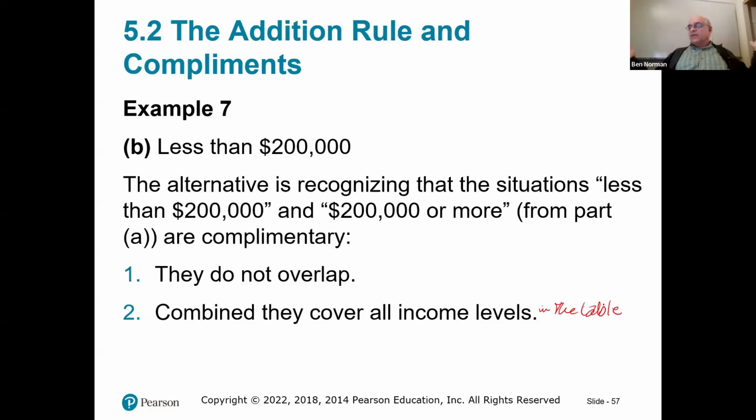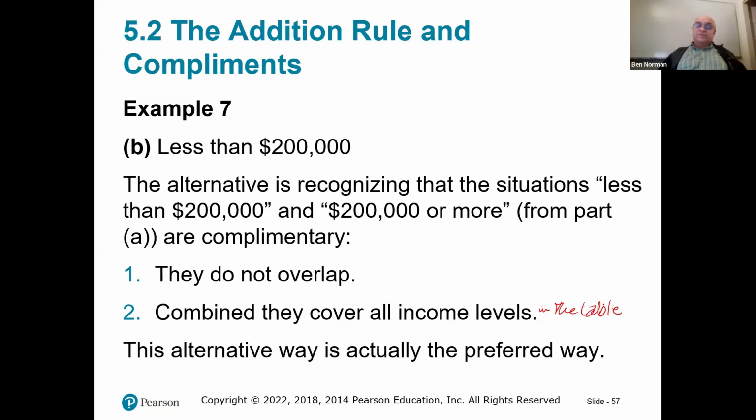Now, granted, less than 200,000 will cover all but one. That's fine. Since these are complementary, this is actually the preferred way, but with the caveat that you recognize that these are complementary events. That's why A was set up for B.